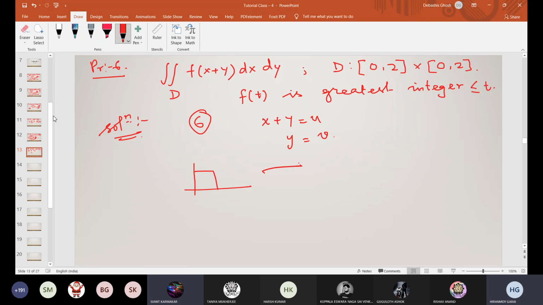We are shifting this by the transformation, that is x plus y equals u. So we are considering the line like this, 2 minus v equals 2 minus u.